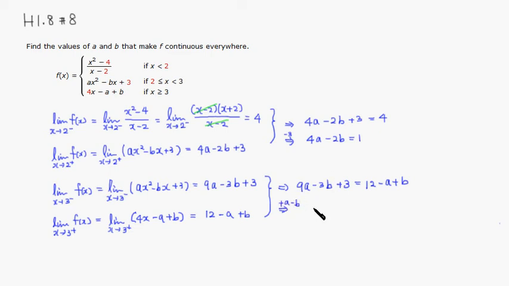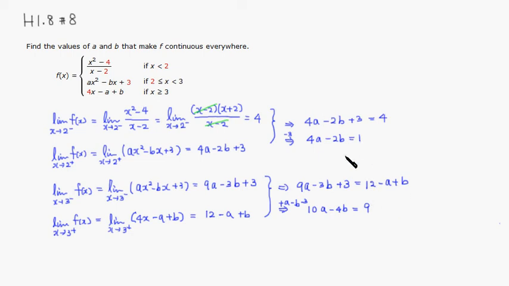That gives us 10a minus 4b. I'm also going to subtract 3 from the other side, so 12 minus 3 would be 9.